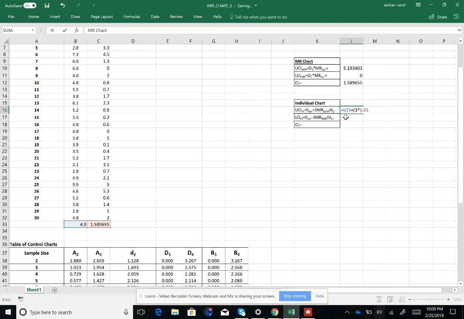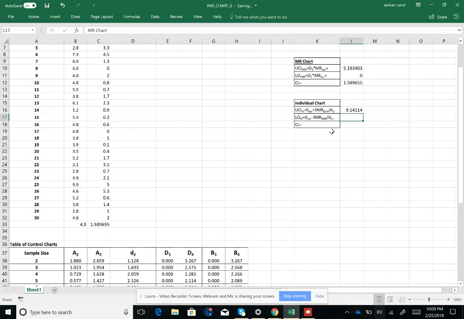Okay, C33 divided by D2. Okay, D subscript 2 is equal to 1.128. It's right here. So this is cell D38. Okay, I'm gonna close the parentheses here and one more here. That should give you 9.141114. You can use only 2 digits or 3 digits, doesn't matter.